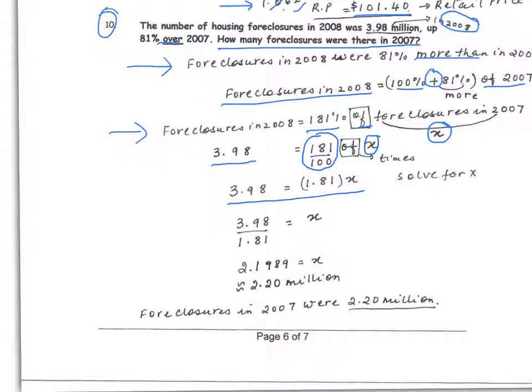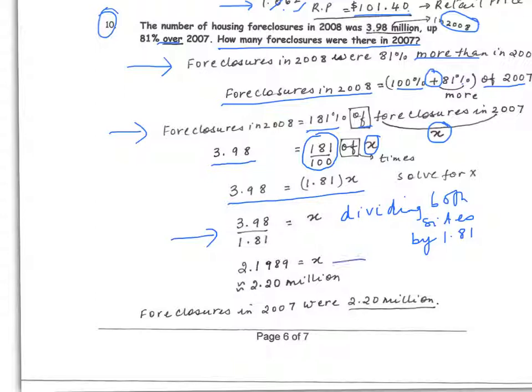So X is equal to 3.98 over 1.81, and we get this by dividing both sides by 1.81.